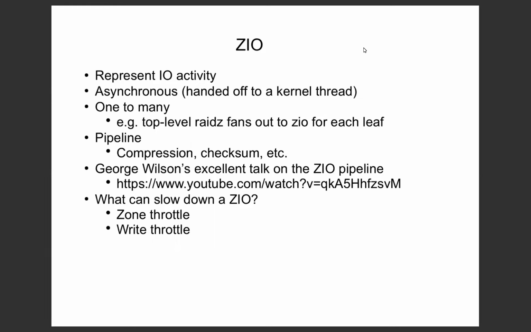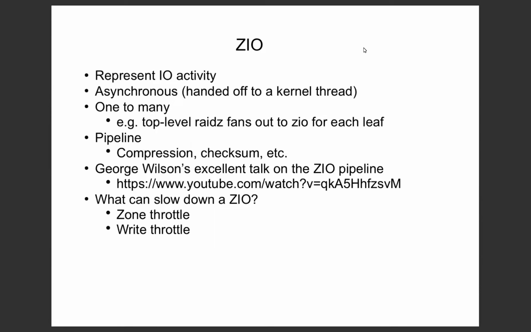If one zone is basically doing all the I/O on the system and the other zones aren't doing much, that's fine. That zone can do whatever it wants. But say there are a bunch of zones all trying to do a lot of I/O. We want to make sure that one zone isn't hogging all of the resources and starving the other zones.